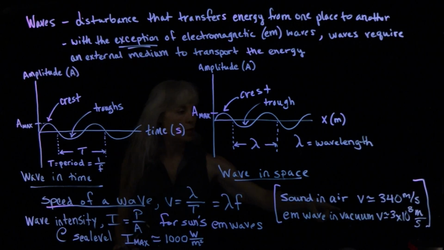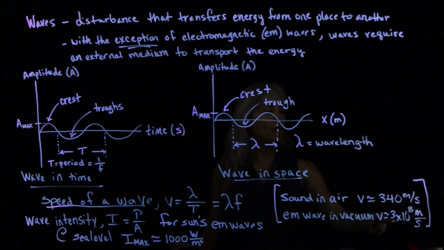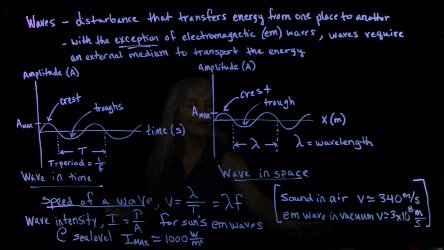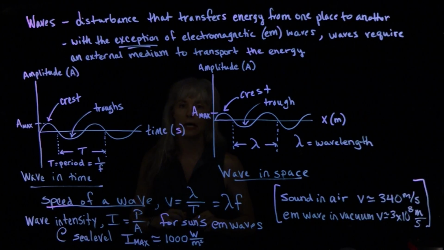Those waves travel in vacuum at 3 times 10 to the 8th meters per second. Much, much, much faster than sound waves travel. And in fact, sound waves can't travel in space because space does not have a medium to transport sound waves. The only waves that can travel in space are electromagnetic or EM waves.